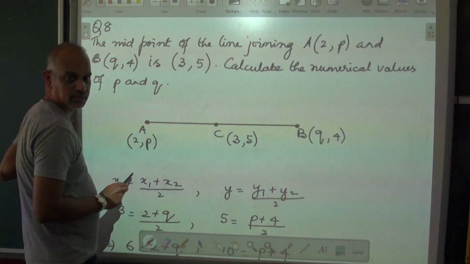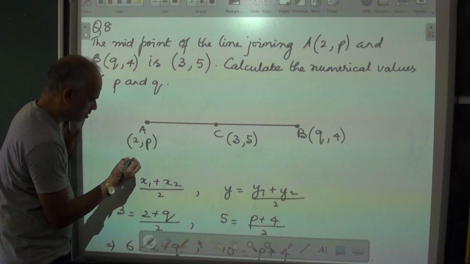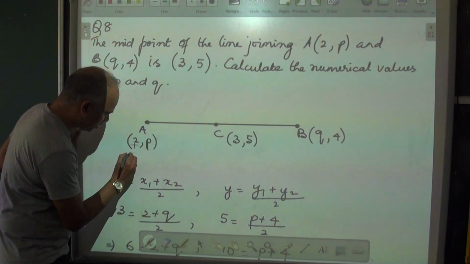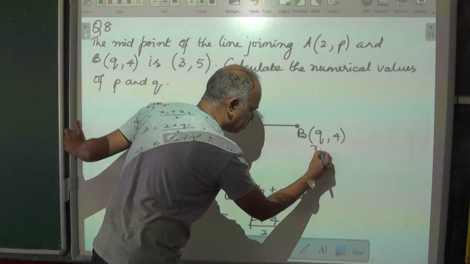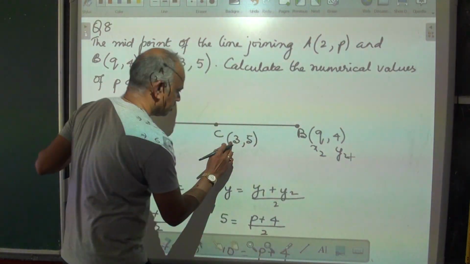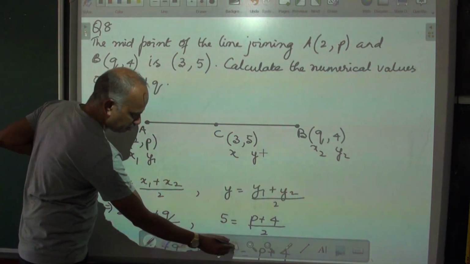This is the midpoint, so we are going to use the midpoint formula. Before that, just mark these points. This one is x1, y1, this one is x2, y2, and this is x and y. And substitute in the formula.